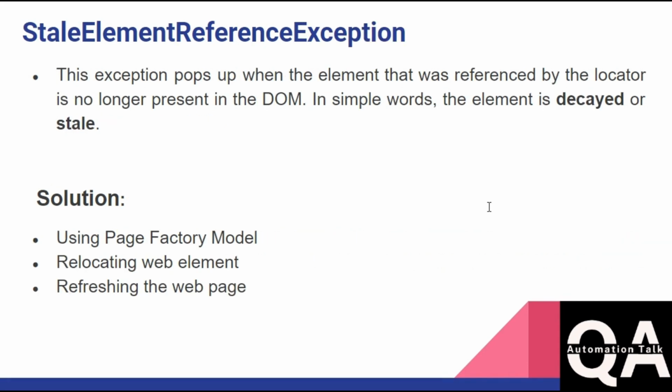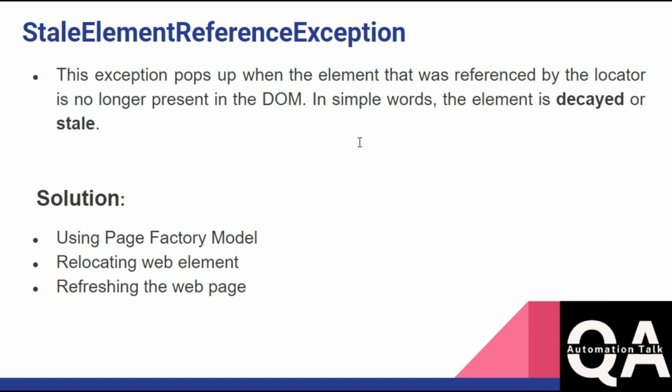So the next exception is StaleElementReferenceException. I have already made a long video on this topic. This exception pops up when the element that you are referring to is no longer present in the DOM. In simple terms, you can say the element has decayed or the element is stale.